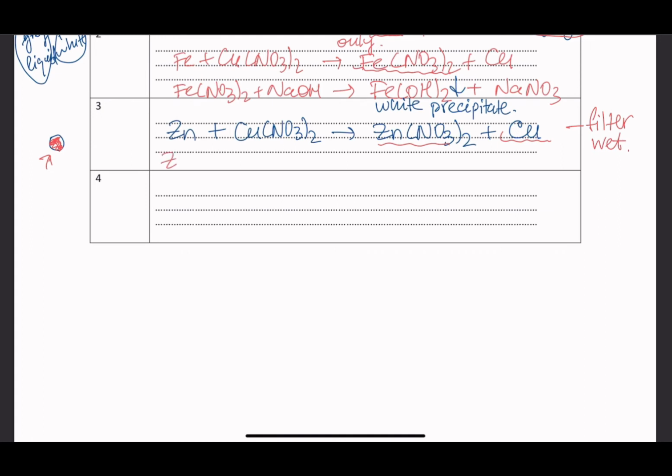So zinc nitrate, and then on top of it, we added sodium hydroxide. Now it's giving us the product of zinc hydroxide plus sodium nitrate. If you guys would Google this, you would see that this is also a white precipitate, which is the same thing that happened in our case.